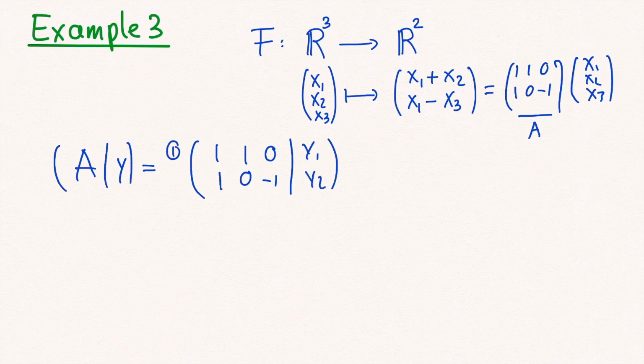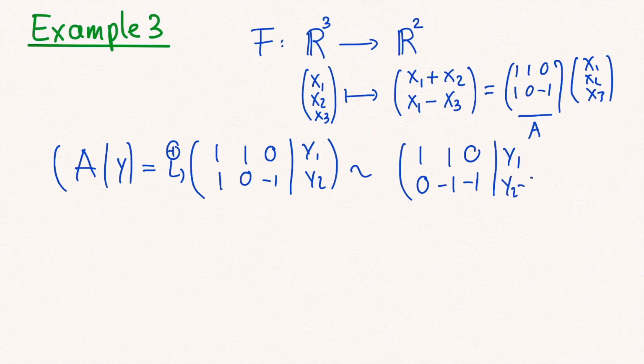And here the first step is subtracting this from there. And then you get 1, 1, 0, y1, and here with 0. And now we have a minus 1 here and a minus 1. And here we have y2 minus y1.